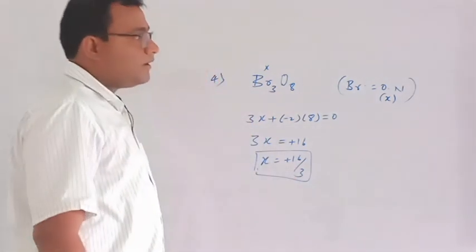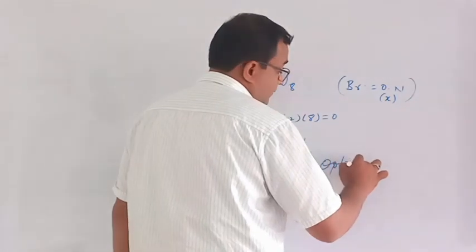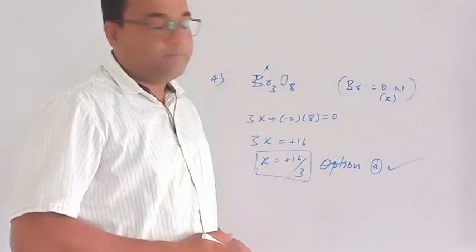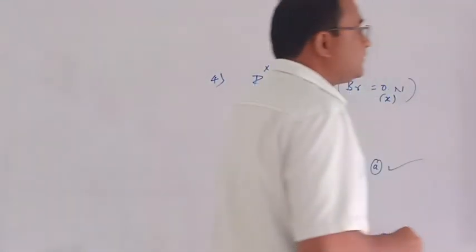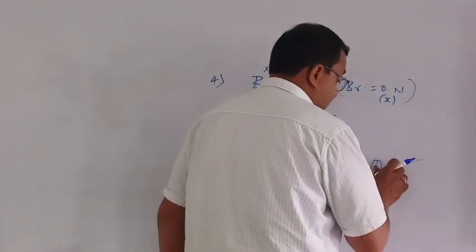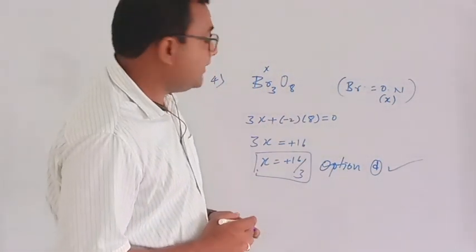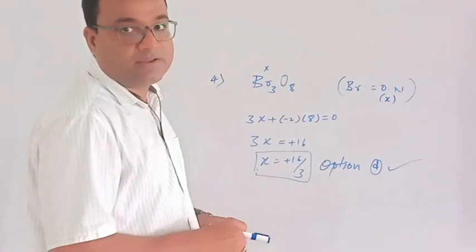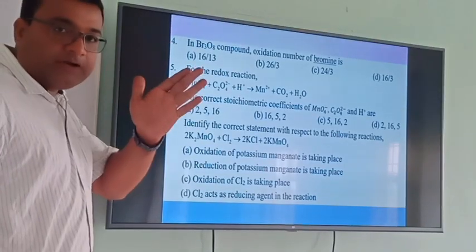Which option? Sorry, not option A. Option D. Correct option is D. It is given 13. So the last option, it is 16 by 3. Very important type of question.